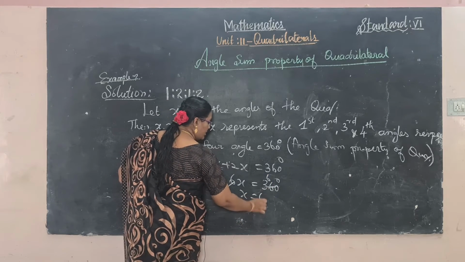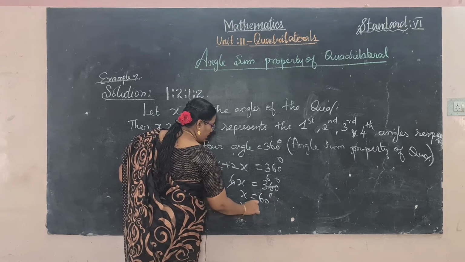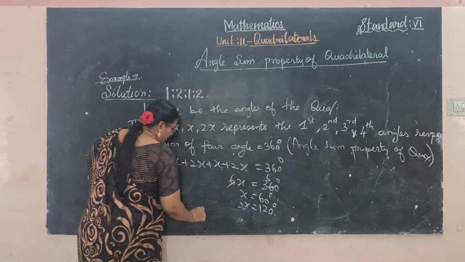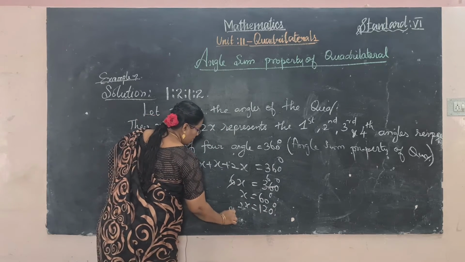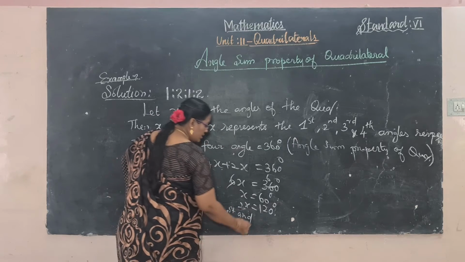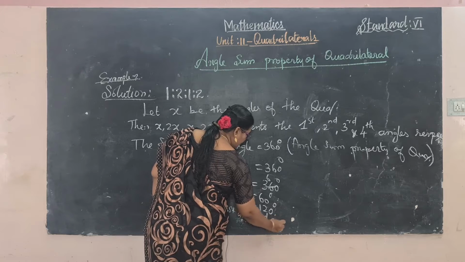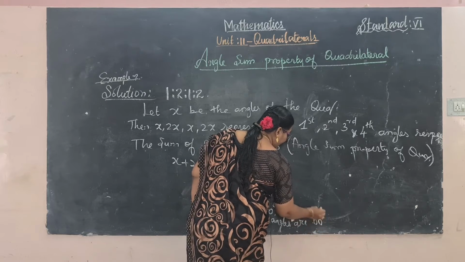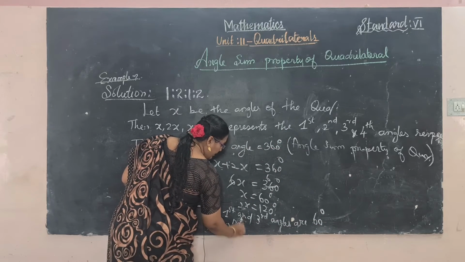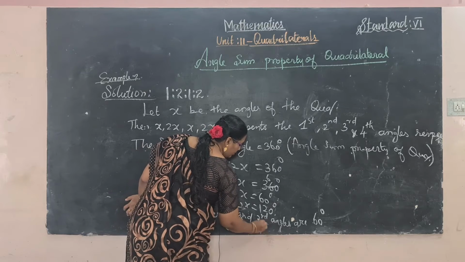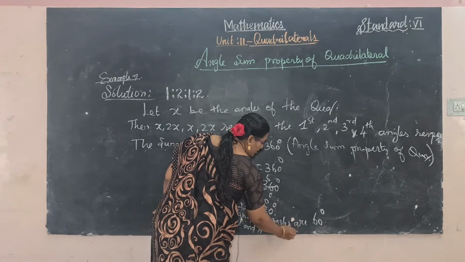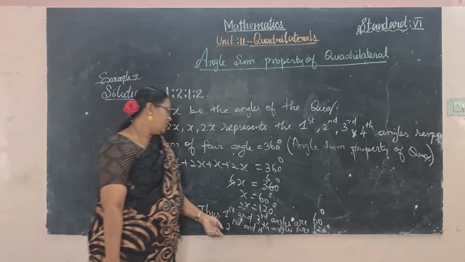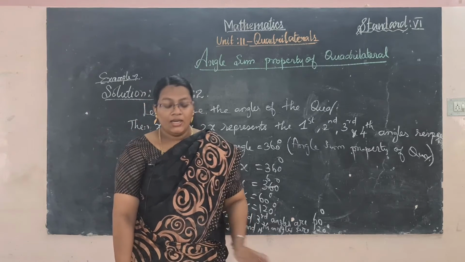So x equals 60 degrees. Now 2x equals 120 degrees. Thus the first and third angles are 60 degrees, and the second and fourth angles are 120 degrees. The sum of these four angles gives 360 degrees.